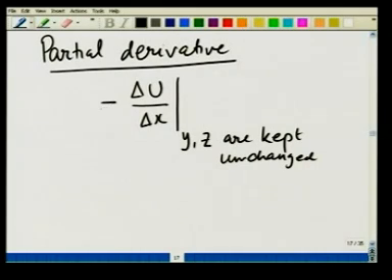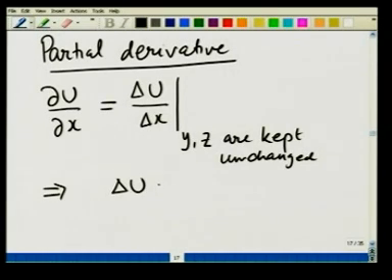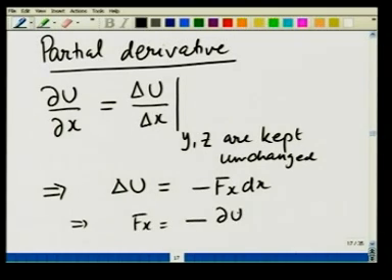And let me call this du dx. And you see then, from the definition, that delta u, if I move along the x-axis, is going to be minus fx dx, which gives me fx as the partial derivative of u with respect to x, and it is understood y, z are constant.